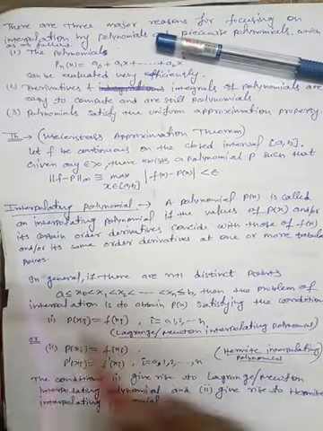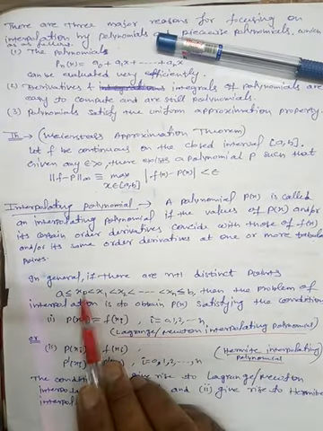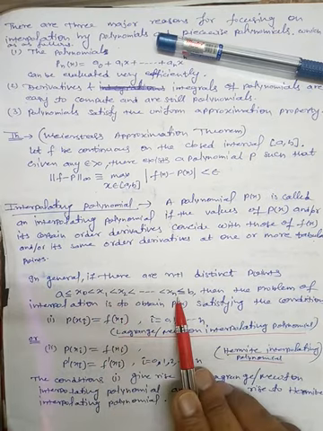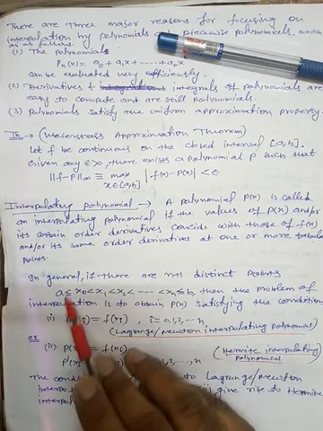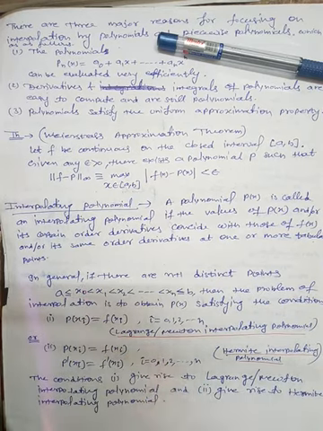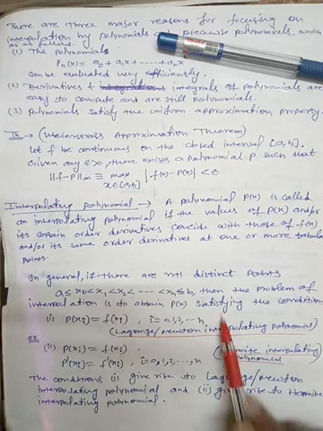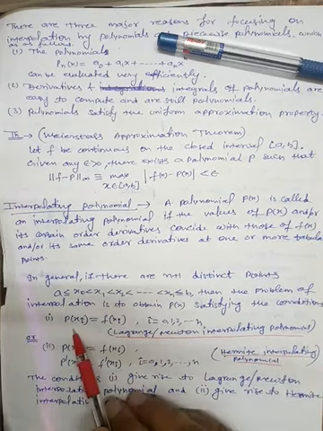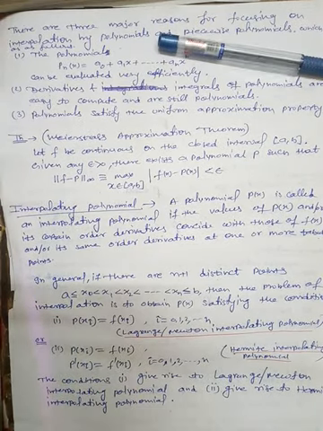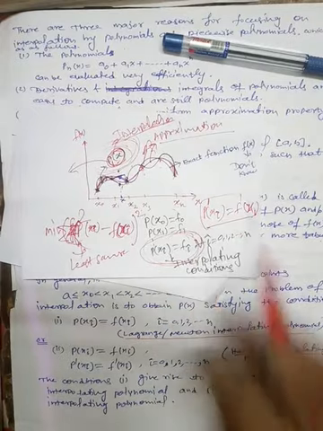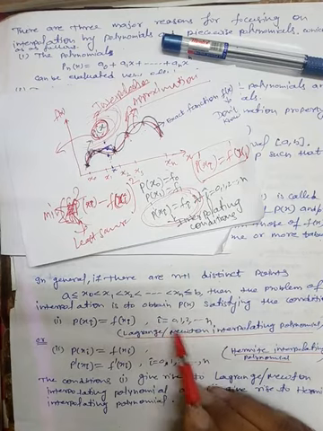In general, if there are n+1 distinct points x0, x1, x2, ..., xn, where x0 is a and xn is b, in the closed interval [a, b], then the problem of interpolation is to obtain p(x) satisfying condition number 1, which is p(xi) = f(xi), known as the interpolating condition, where i is from 0, 1 to n.